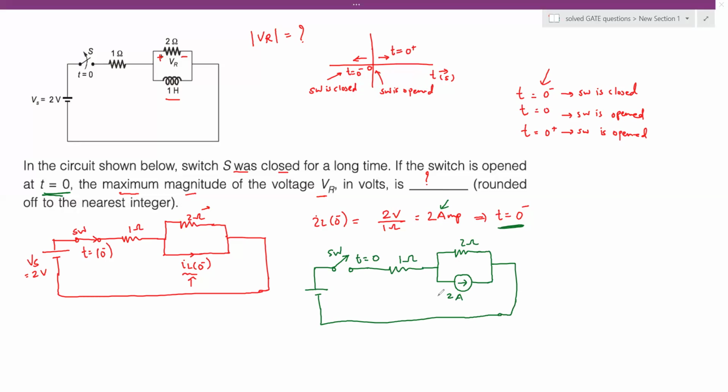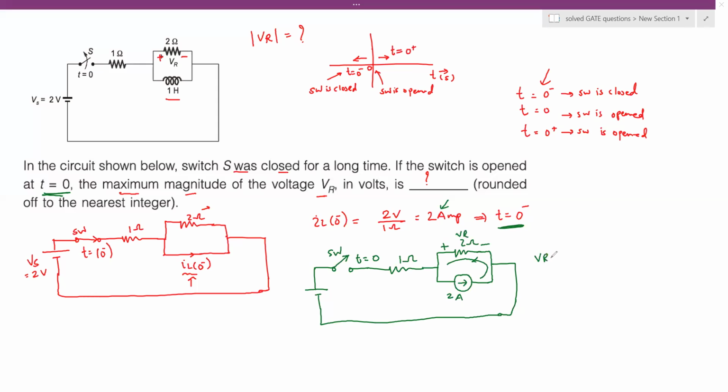Okay, so now let me show you how you analyze this circuit. Obviously you can see that this current flows in this direction, and we are calculating the voltage drop with the polarity shown. So this is the voltage drop VR.